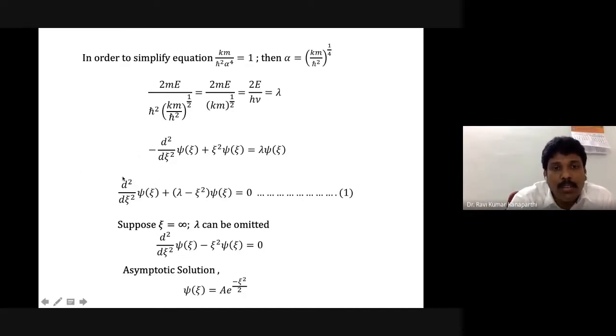Similarly here, psi of z is nothing but h of z multiplied by e to the power minus z square by 2. You can just substitute. Only here you have to calculate the second derivative of the function, and then we substitute the second derivative here, plus lambda minus z square multiplied by h of z multiplied by e to the power minus z square by 2.